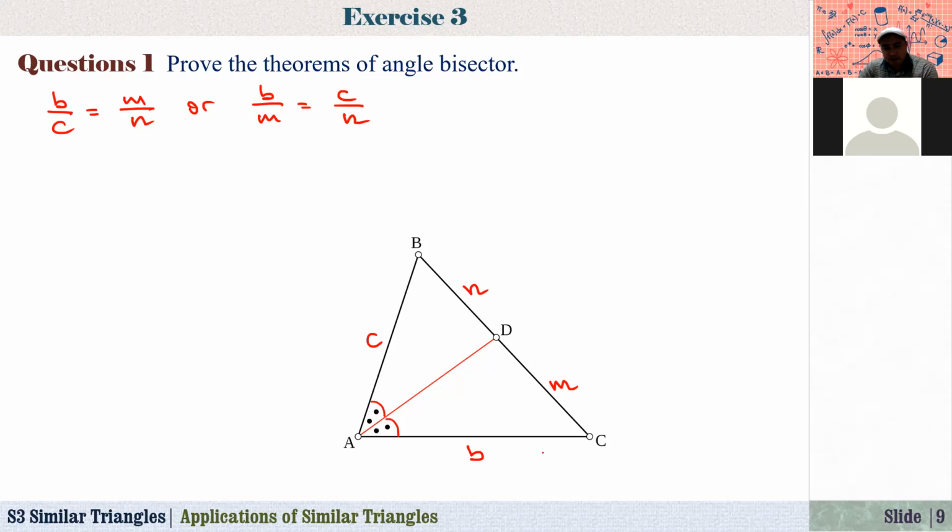So we have to prove this. Of course, there are different ways of proving this using trigonometry and so on. Since our topic is similar triangles, we will try to use the similarity. To do this one, let me add some lines. From here, I just extend this line in this direction, and also extend this line, so it will be straight.